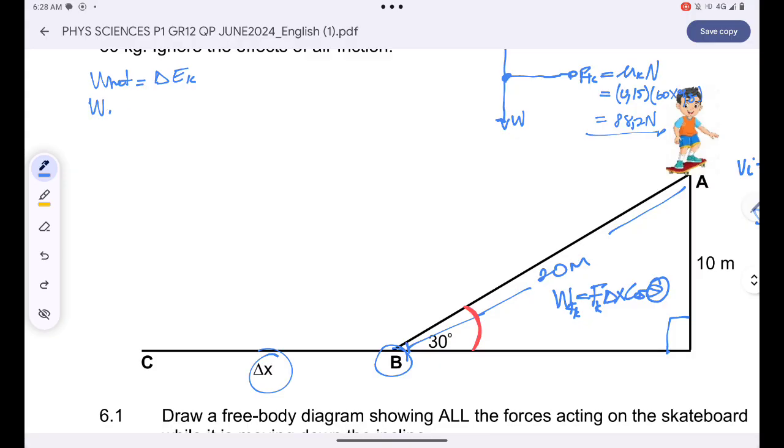So this is basically work done by friction is equal to half mv squared final minus half mv squared initial. The magnitude of friction is just 88.2. We are looking for the distance traveled, delta x, and then there's cos of 180 degrees. Friction always opposes motion.